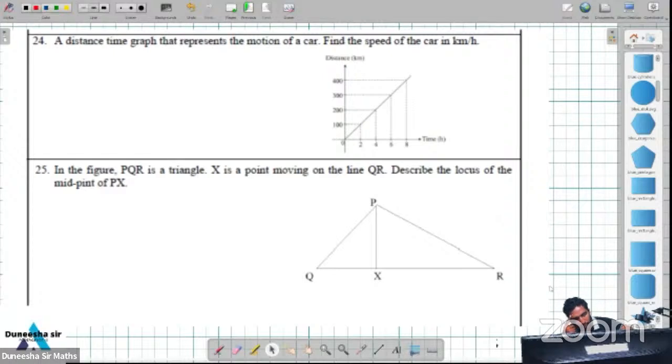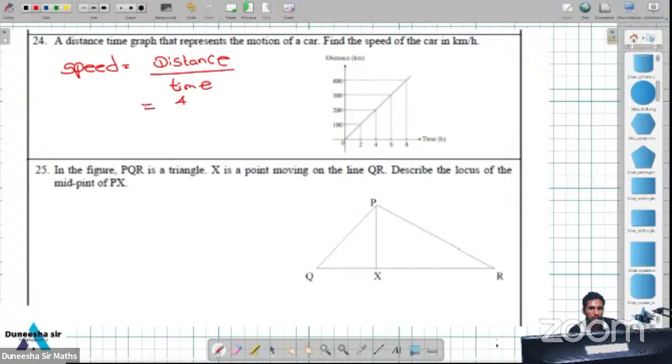A distance-time graph represents the motion of a car. Find the speed of the car in kilometers per hour. Okay. Can you find out the speed? Speed is distance divided by time. Distance is 400 minus 0, divided by 8 minus 0.